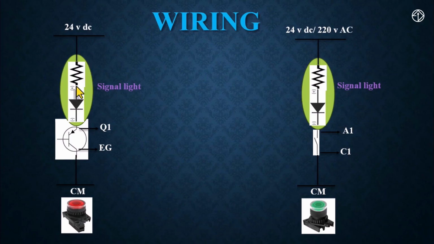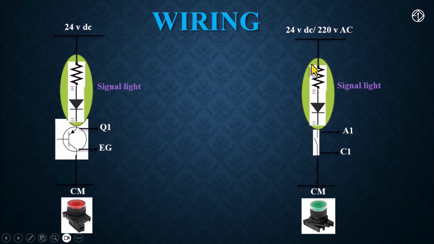From the other side of the signal lamp you connect it to the Q1 terminal, which is the transistor output of this inverter, and we connect the common of the transistor output, which is the EG pin, to the CM of the inverter. And this completes the wiring related to the transistor output.